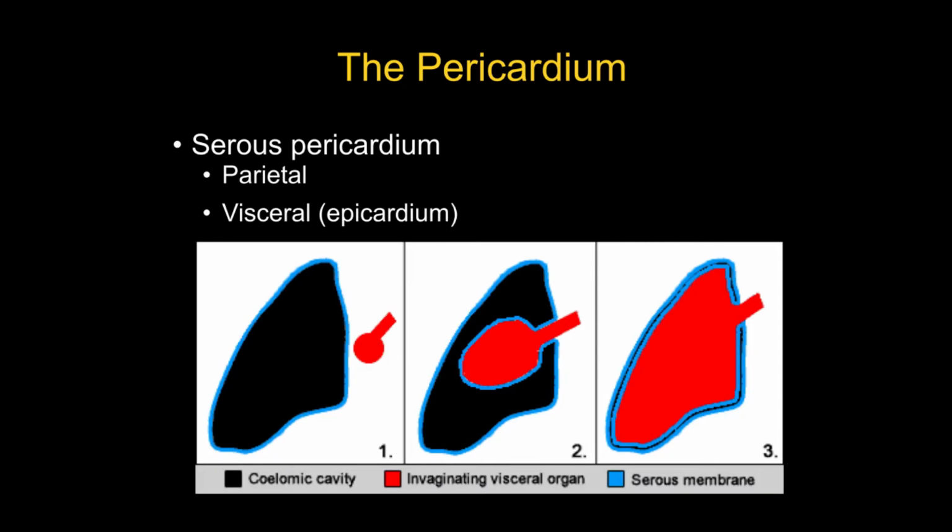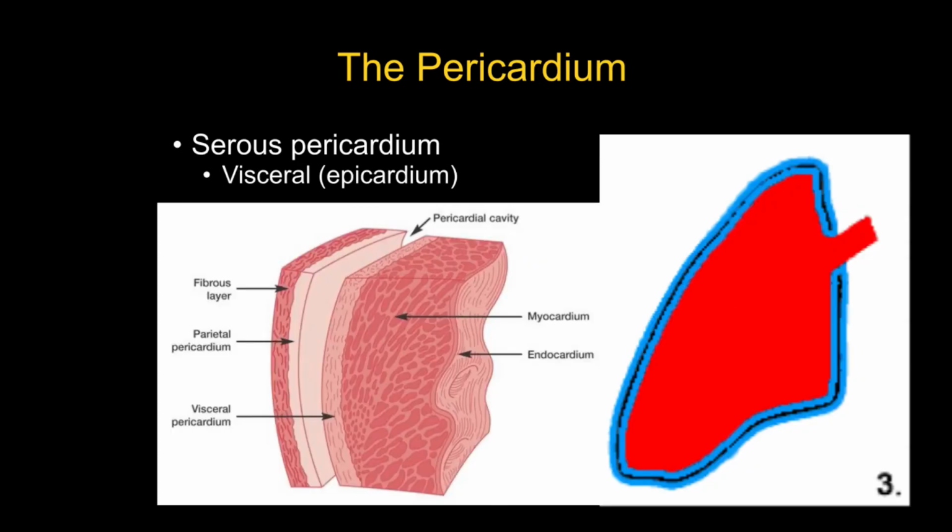Now, going back to this slide I showed you earlier, just to emphasize on image number 3, that the serous membrane is actually 2 in 1. You have the membrane around the organ itself, in this case the heart, and the membrane around that.